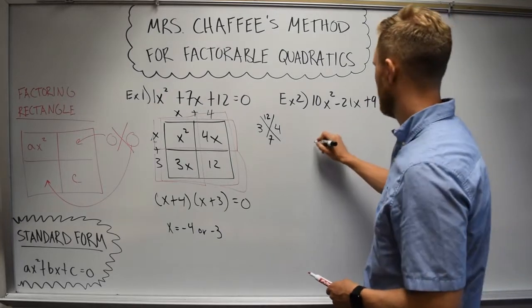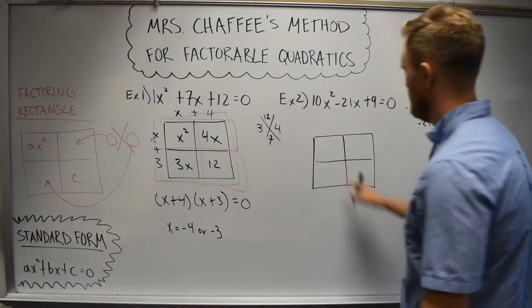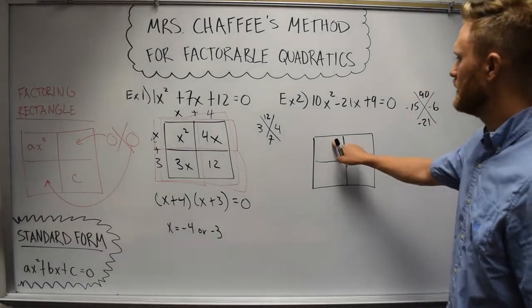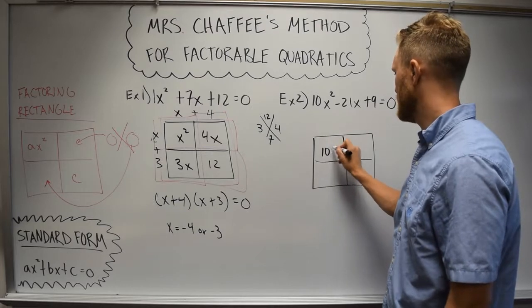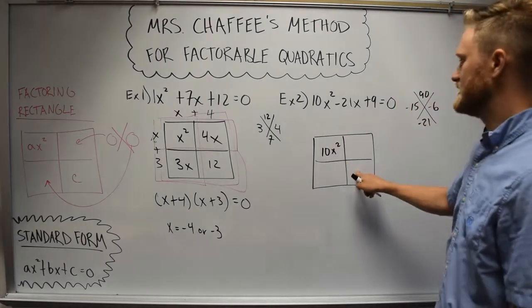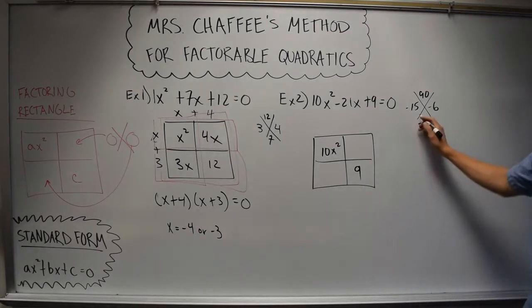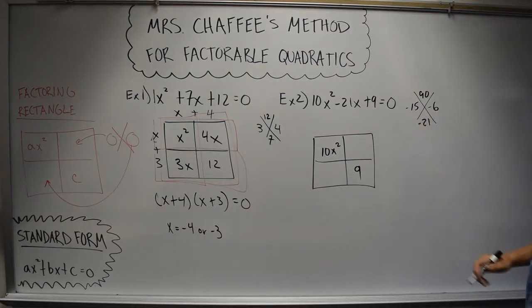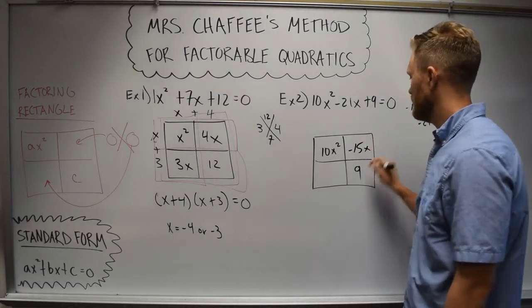And now we make our box. In the first square here, I'm going to put my ax squared term, so I get 10x squared. I'm going to put c down here, which is 9. And then the two values that I came up with that multiply to 90 and add up to negative 21, I'm going to put those here with my variable.